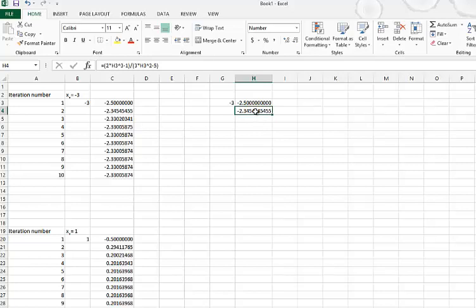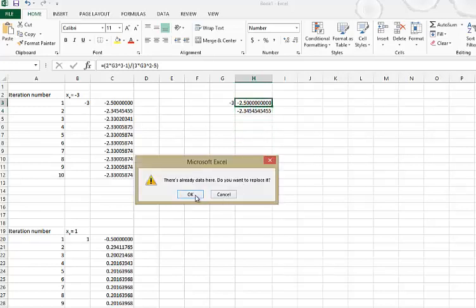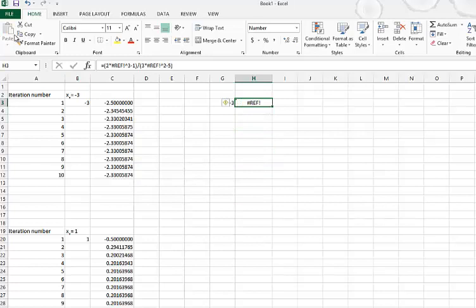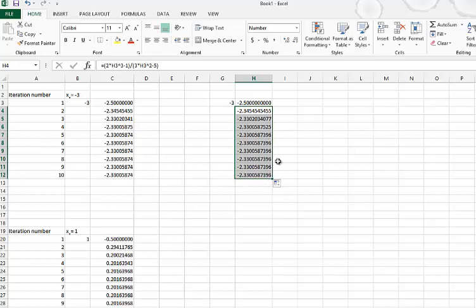So I'm going to say Control C, that cell, and then I'm just going to tell it I want it to drag this down, and just say enter, and you'll notice I get the same thing that's over there.